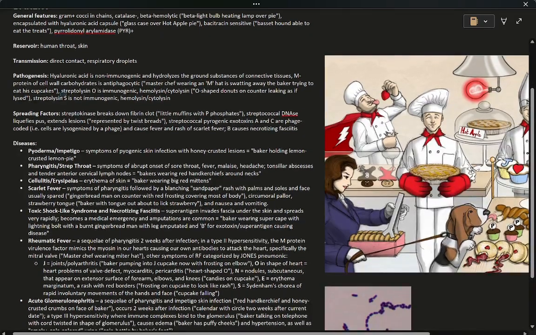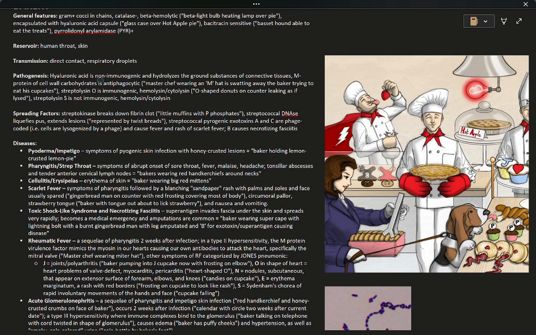Regarding the bacteria's pathogenesis, the hyaluronic acid is non-immunogenic and is going to hydrolyze the ground substances of connective tissues. In addition, the M protein of the cell wall, carbohydrates, is antiphagocytic.